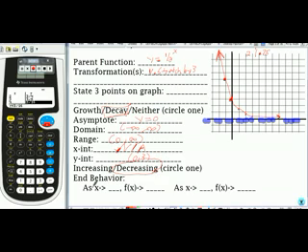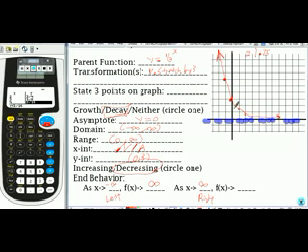My end behavior: as x approaches -infinity, in other words, I'm going left. So as I go left, my curve, my graph, is going up to +infinity. As x goes to +infinity, in other words, I'm going right.